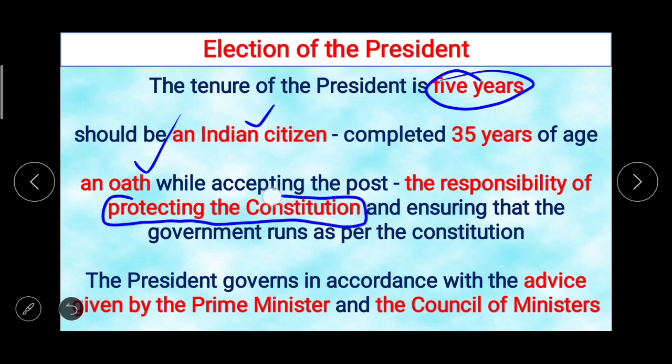If there is something going wrong or different than the things mentioned in the constitution, then it is the duty of the president to protect the constitution and ensure that the government runs as per the constitution. प्रेसिडेंट को ये चेक करना पड़ता है, ध्यान देना पड़ता है कि जो कुछ देश में चल रहा है, is this going as per the law or as per the constitution.